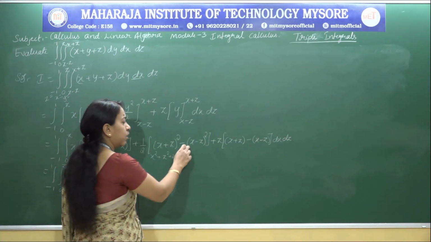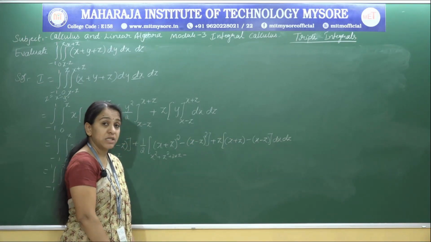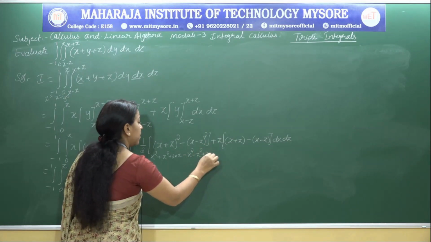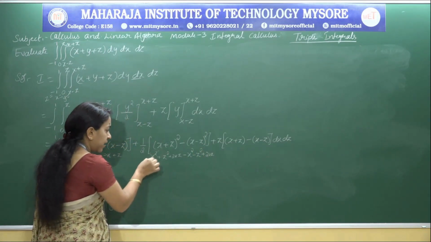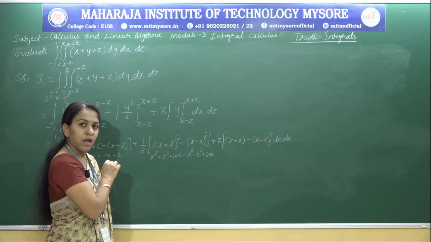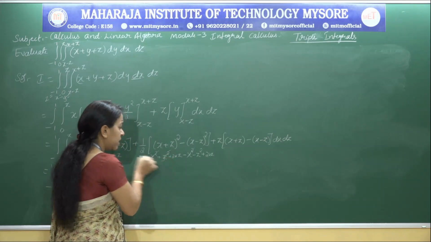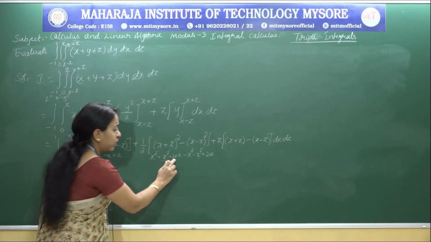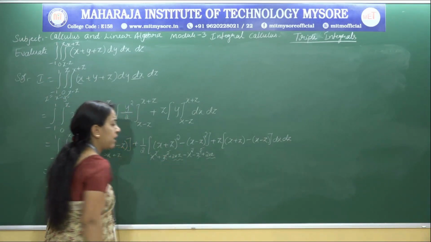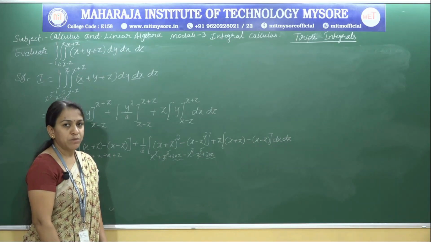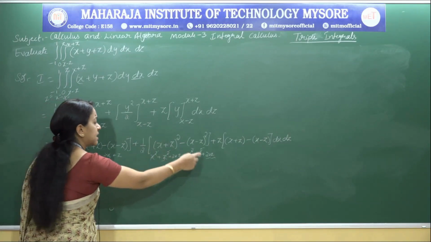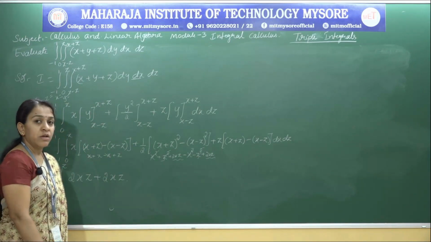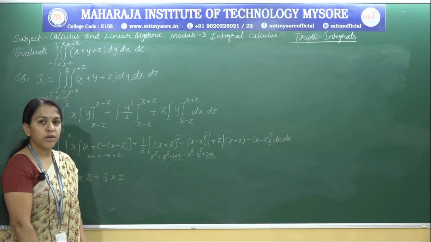So I multiply by the minus sign and also expand x minus z whole square, that is x square minus z square, minus of minus becomes plus 2xz. So we can cancel plus x square and minus x square, and also plus z square and minus z square. So we remain with 2xz plus 2xz, which is 4xz. 4xz divided by 2 is 2xz. So the second term simplified value is 2xz.